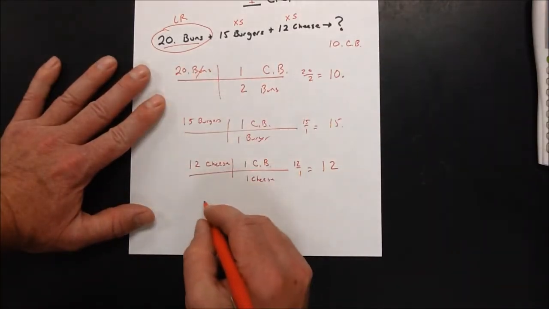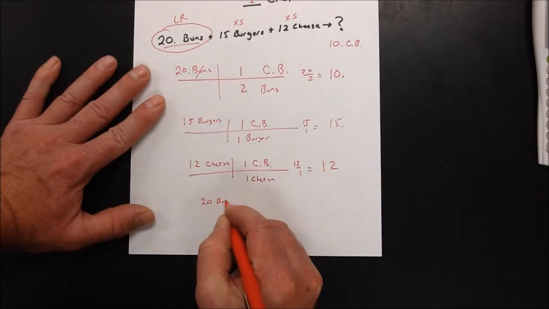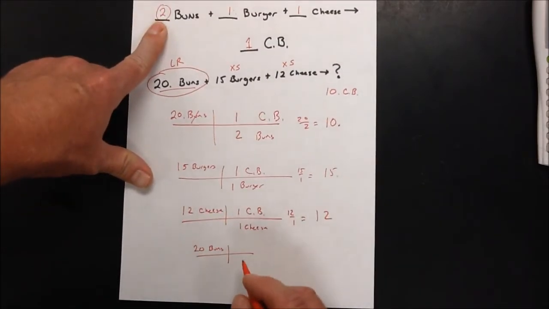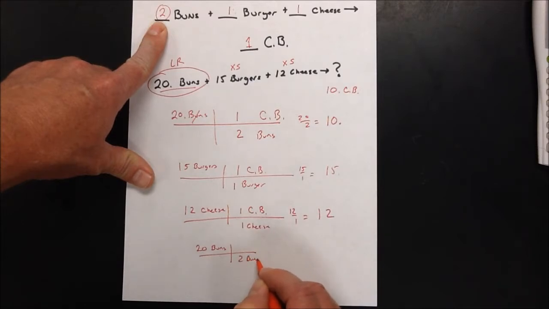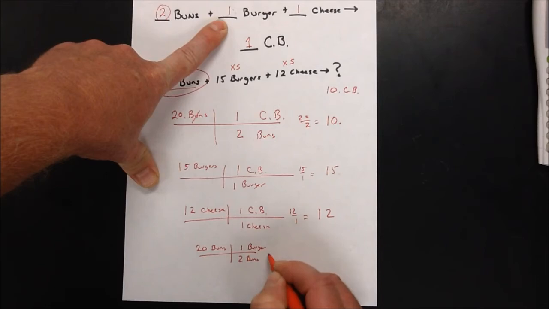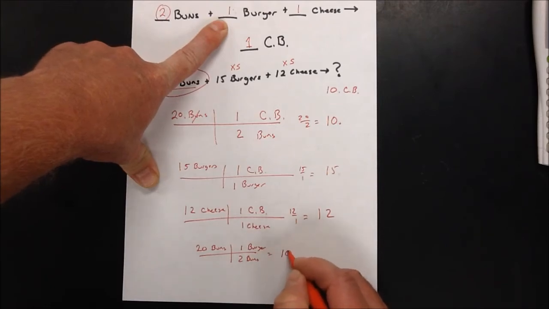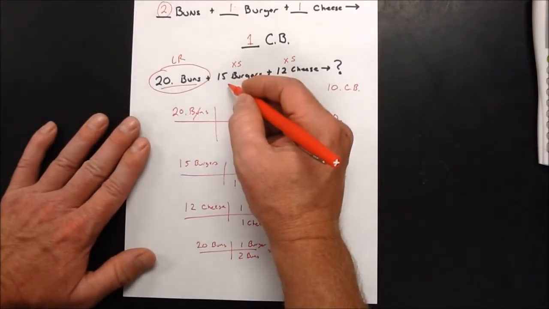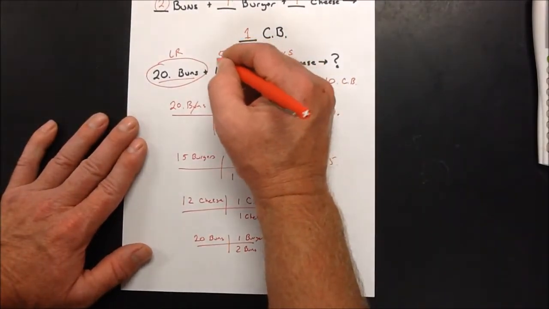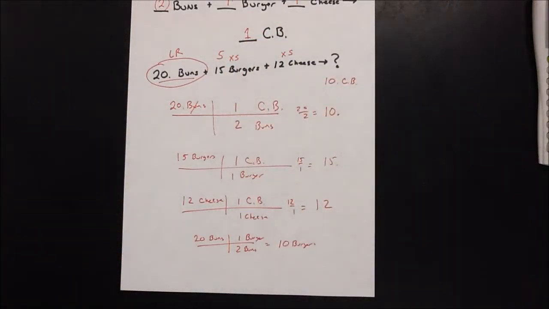So I'm going to go from 20 buns using this ratio up top. There are 2 buns needed for every 1 burger, so that tells me that I need 10 burgers. I've got 15, so if I need 10 and I have 15, there are 5 left over when I'm done.